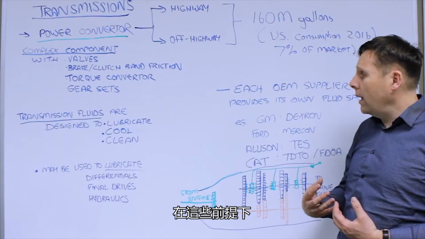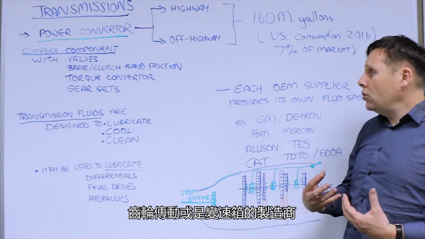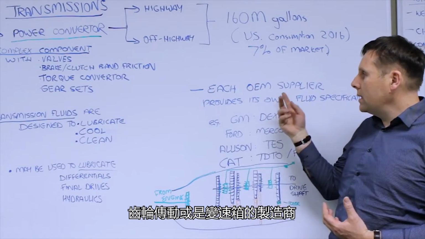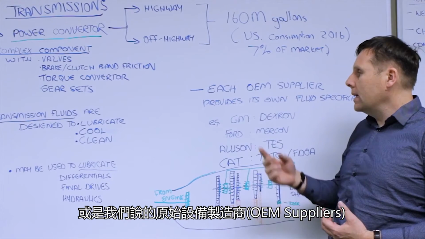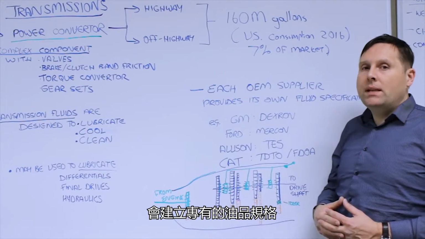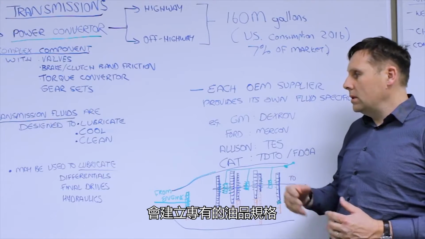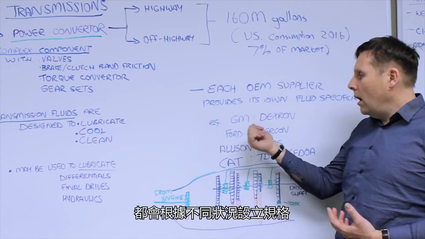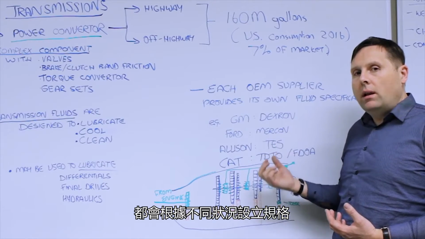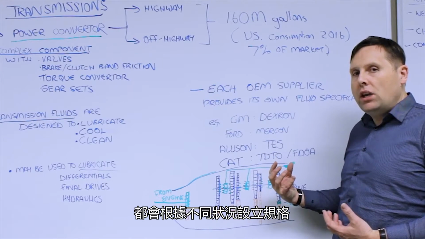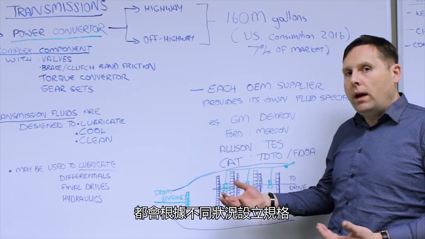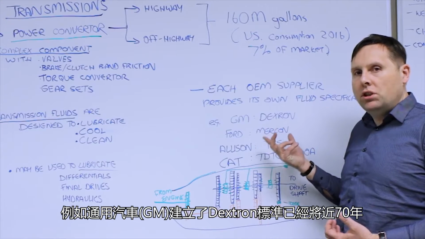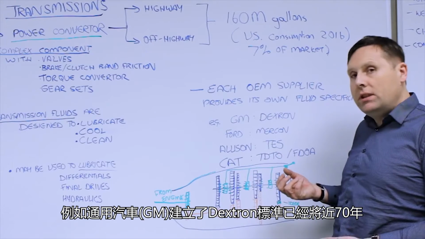As a result of that, each manufacturer of the transmission sets, what we know as OEM suppliers, provides their own fluid specification for transmission systems. Very common names that you might be familiar with in the marketplace are brand names developed based off the fluid specification for each specific OEM, such as General Motors, who has their infamous Dexron spec, which has been around for almost 70 years.